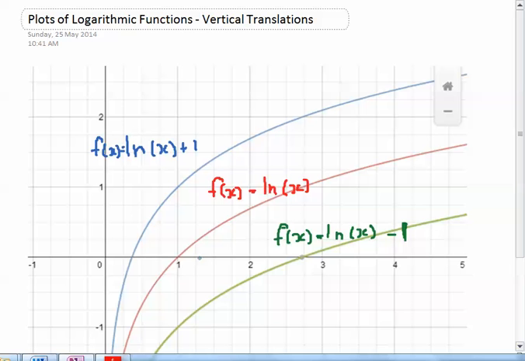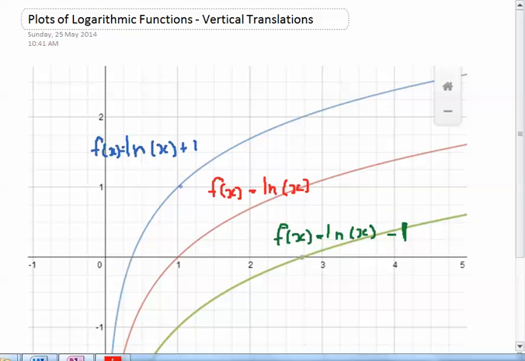A couple other things you will note is that if you compare the top one to the basic ln x function, you're simply adding 1 unit at every point along the way. So whereas we've got a point here of (1, 0), for this one it is quite clearly (1, 1).